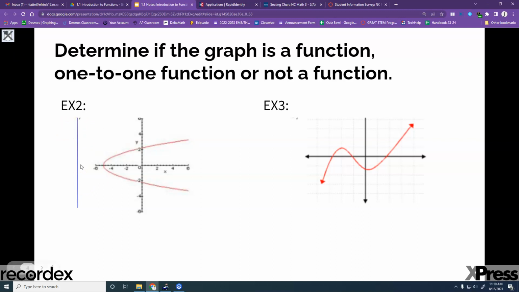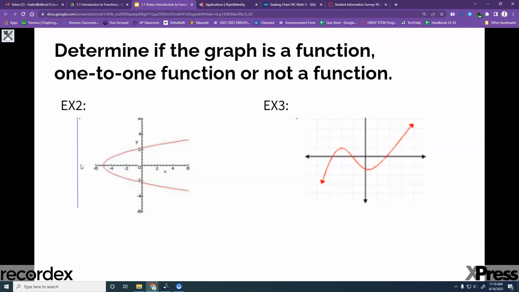So if you take a vertical line, so here's our vertical line, pencil. If you take a vertical line and you pass it across this graph like this, if it hits that line in two places, then it is not a function.